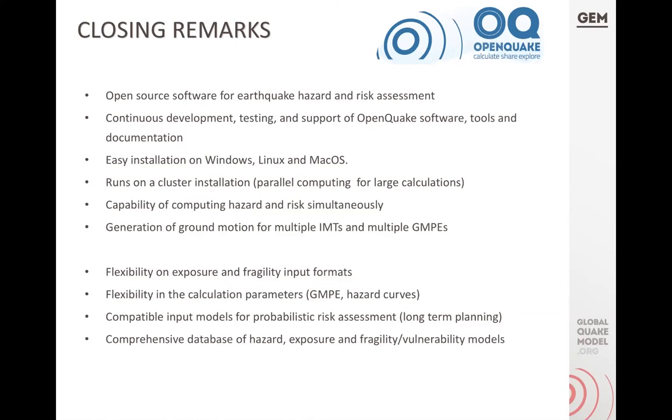You do not have very strict requirements about what information you put into your exposure, and similarly for the fragility. There's also a lot of flexibility in the calculation parameters, so it's not boxed into using any set of default values. It offers you a lot of leeway in building very complex hazard models.